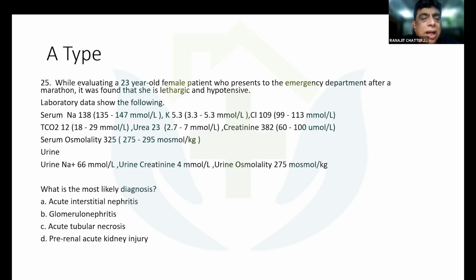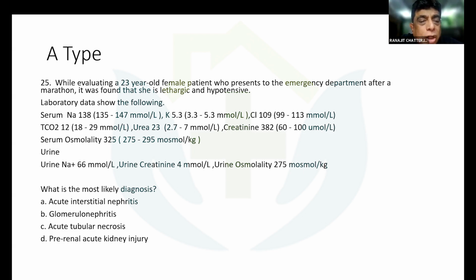Serum sodium, they have given, potassium, chloride, CO2, urea, creatinine, they are giving an osmolality. Now see, you've been given an osmolality, they've also given you urinary sodium and urinary creatinine. What do they want to derive? You have to take out the fractional excretion of sodium here.